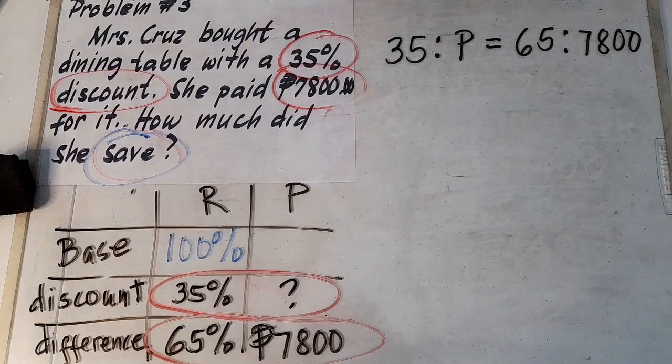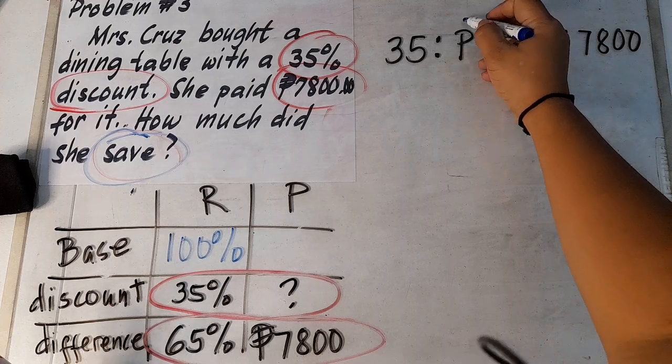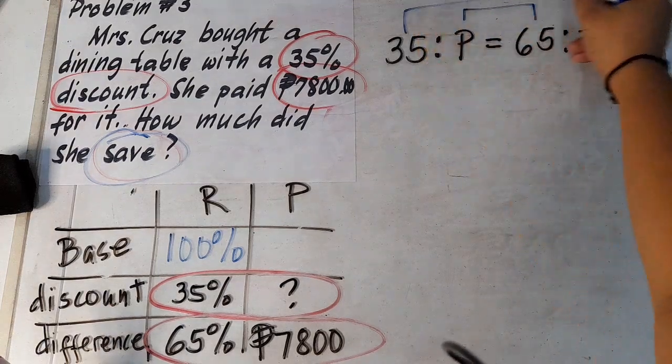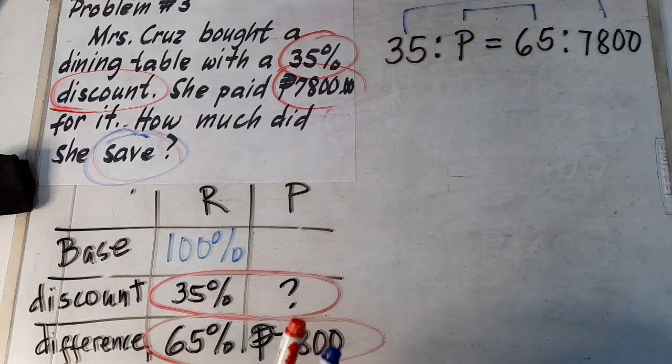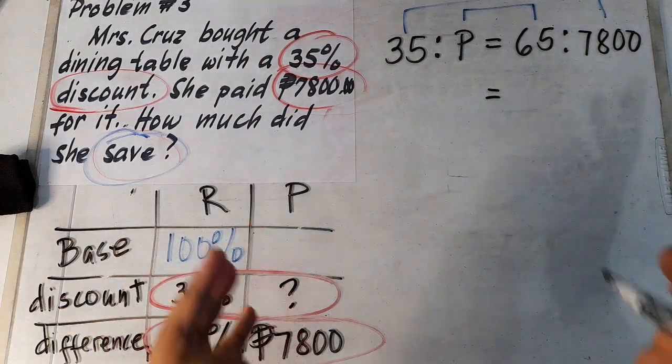Okay? So, that's our working equation. Next, we find the product of the means and the product of the extremes. At kagaya ng laging usapan, sa ratio and proportion, they should always be equal.